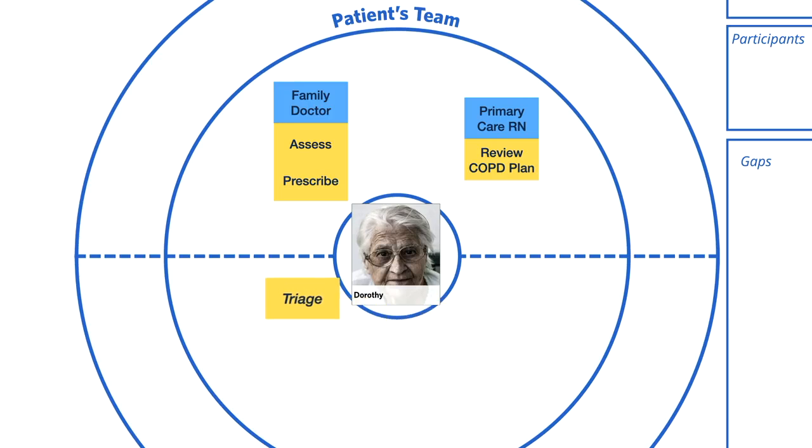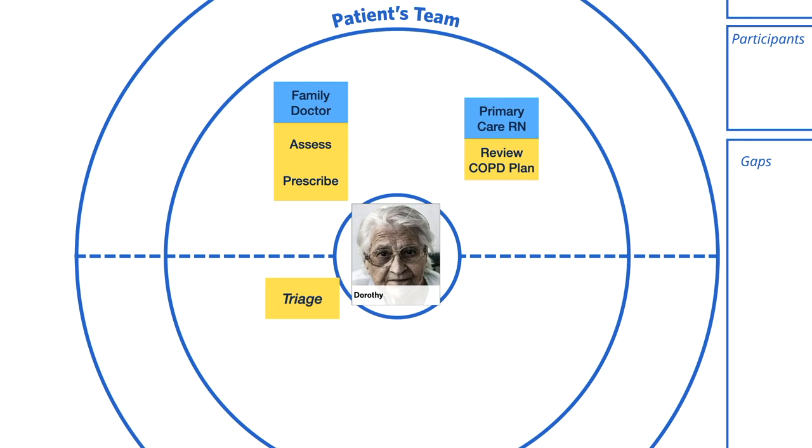People will argue in both directions, and ultimately, both options are valid, and it depends on how the team wants to work. If the physician wants to have the capacity to triage acute conditions, great. If the primary care nurse wants to have that capacity, and maybe they were previously an emerge nurse, fantastic.